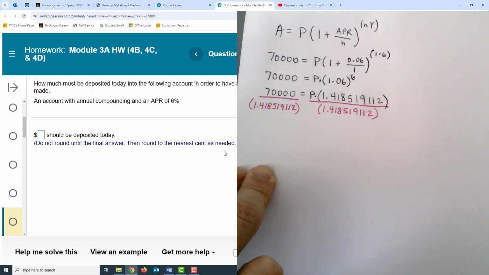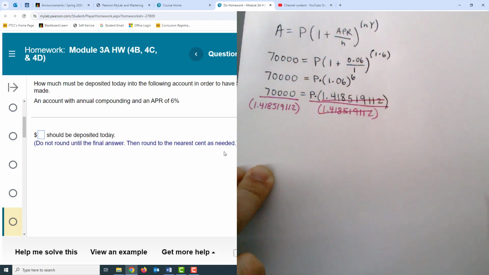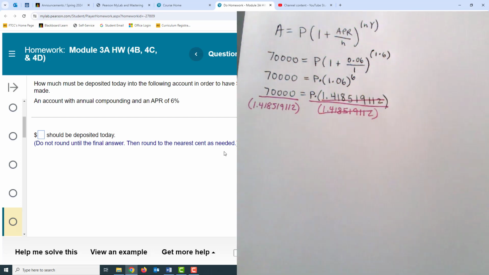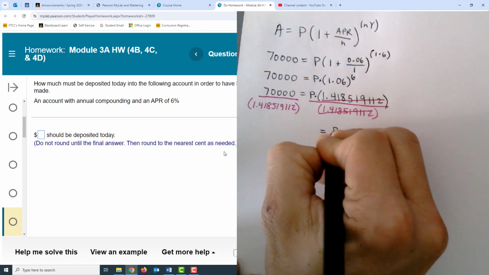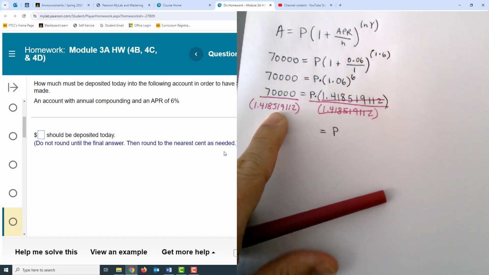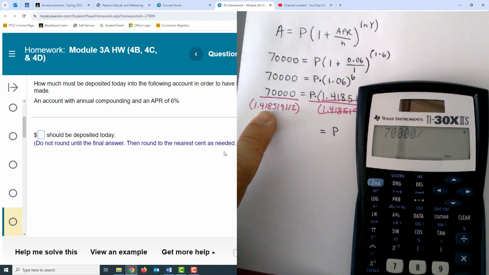And what's happening is, when you divide by that decimal on the right side, anything divided by itself is 1. And so on the right side, you're left with P, and that's the goal. The goal was to find that P value. So now you come to your calculator and you take 70,000. Be very careful not to type 7,000, and you divide it by this.